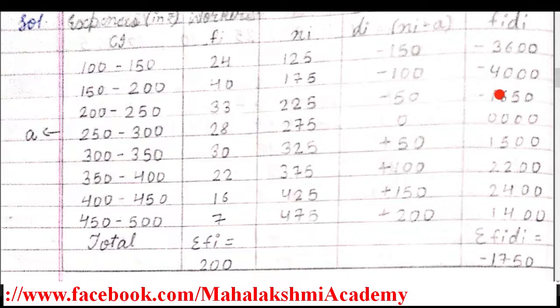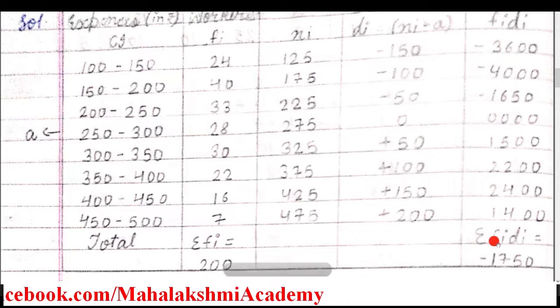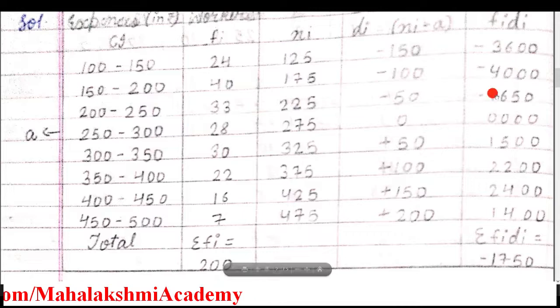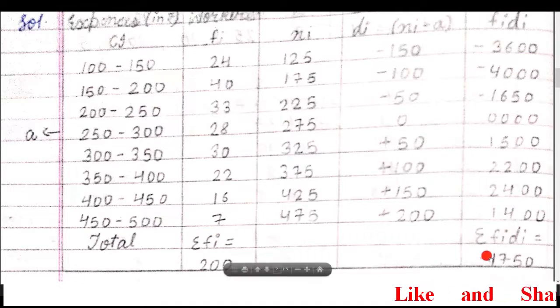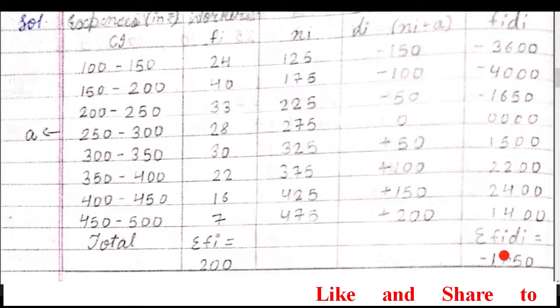And as I mentioned in question number 1, how to find the sum of Fi Di: first you should add all the negative terms together, then add all the positive terms together, and then finally we subtract them and write down the sign of the bigger number, like I wrote here, minus 1750.